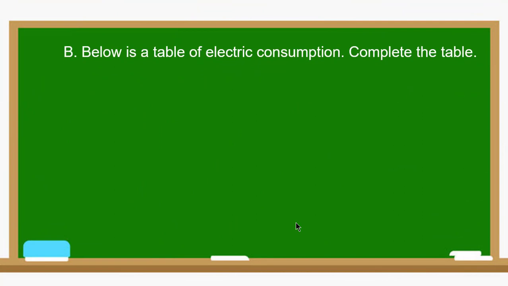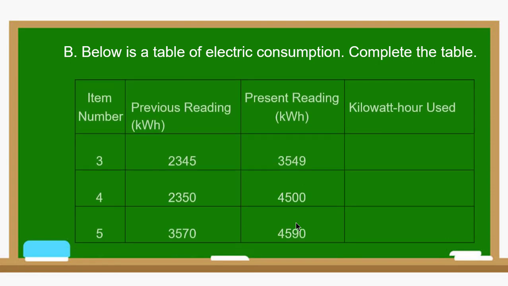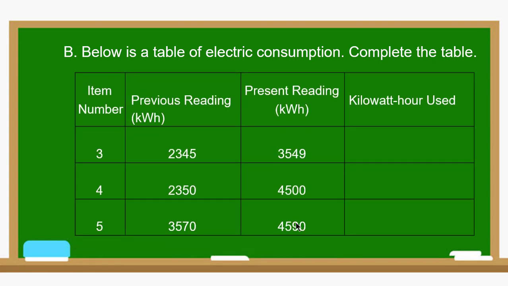Letter B. Below is a table of electric consumption. Complete the table. Item number 3. The previous reading in kilowatt-hour is 2,345 and present reading in kilowatt-hour is 3,549.